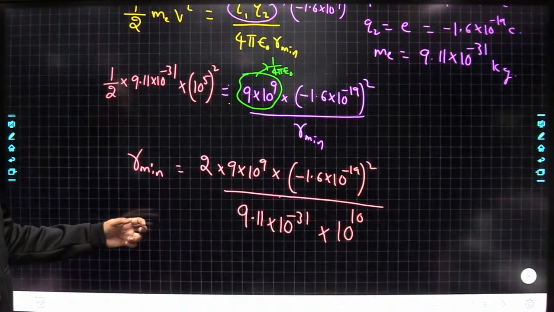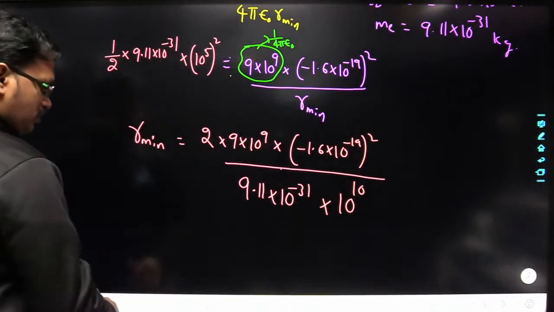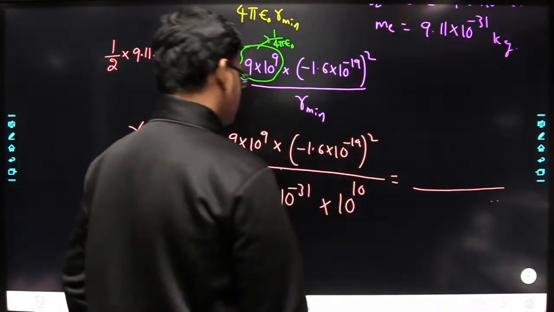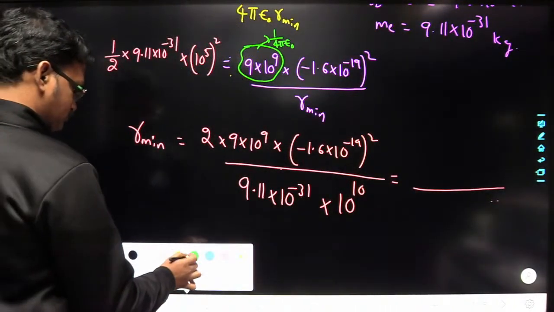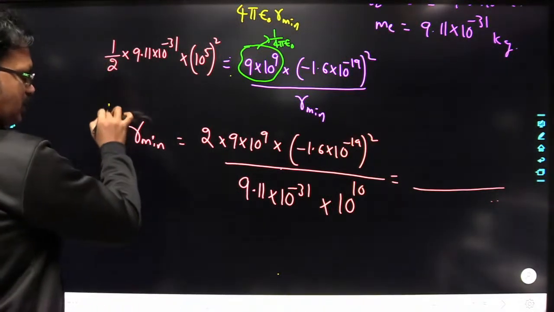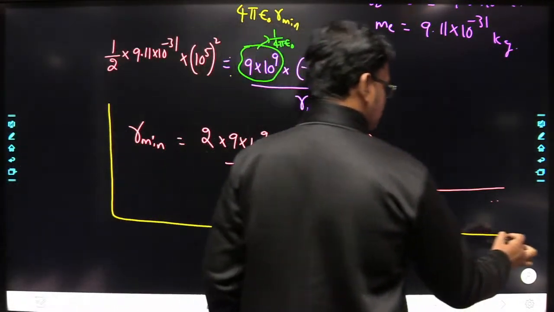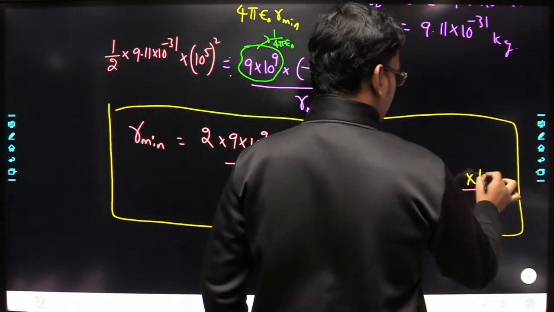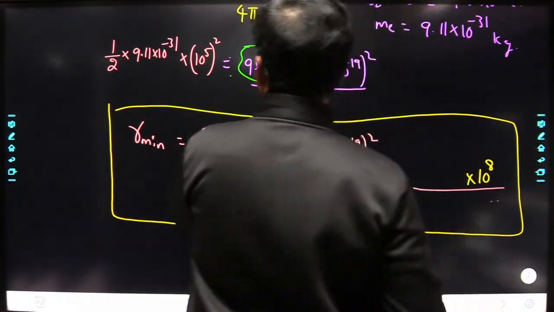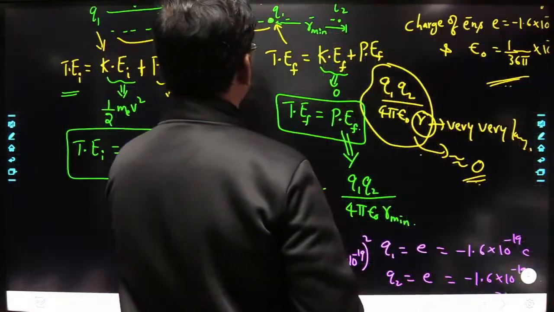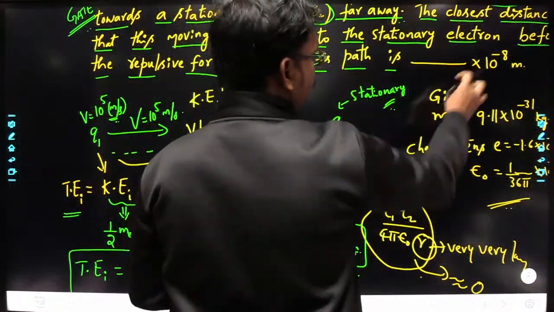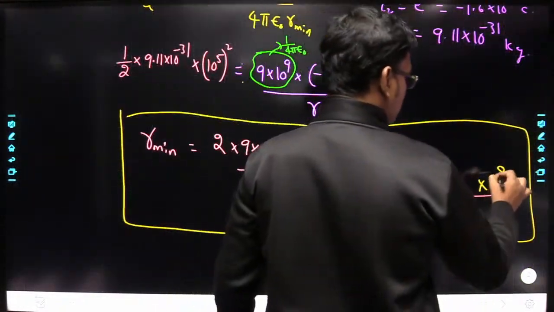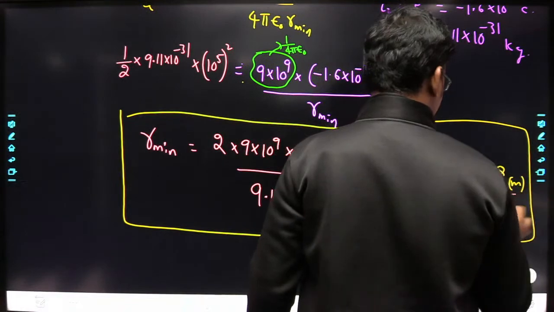Yes or no? Now you can do this calculation and tell me the answer. Simplify this one and tell me the answer. I have done everything, so tell me the answer. The answer must be into 10 to the power of minus 8. Yes or no? In terms of 10 to the power of minus 8 meters, you have to get the answer like this. So what is the answer you have to get?